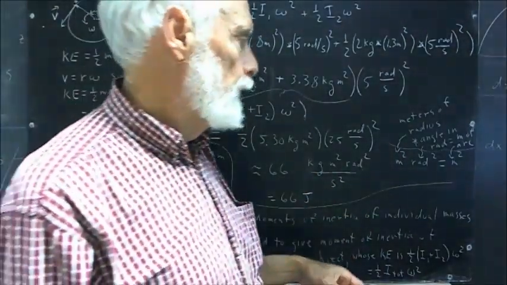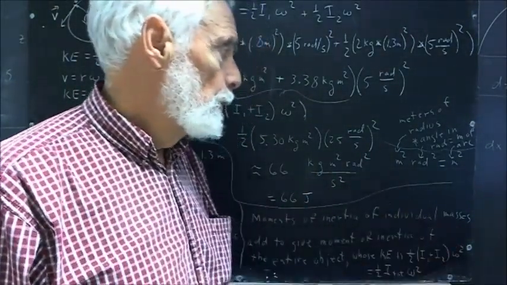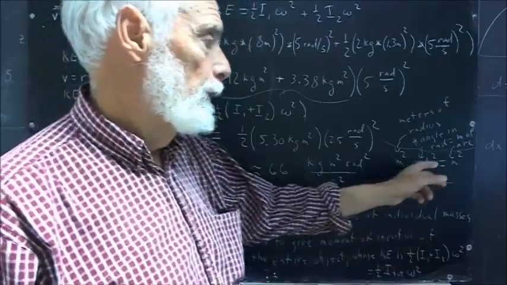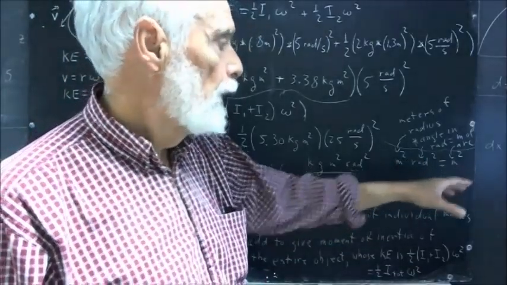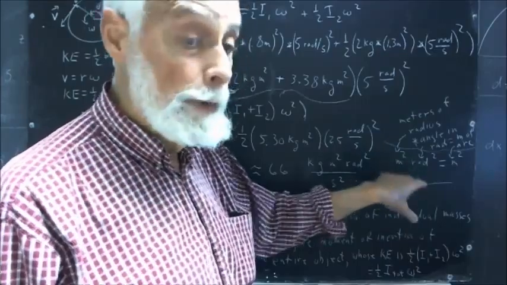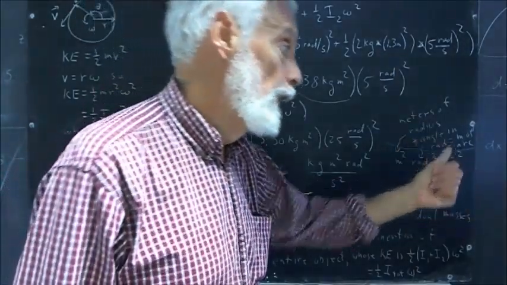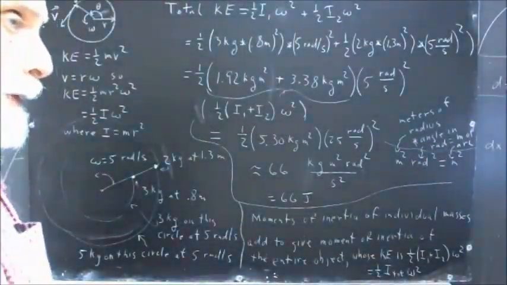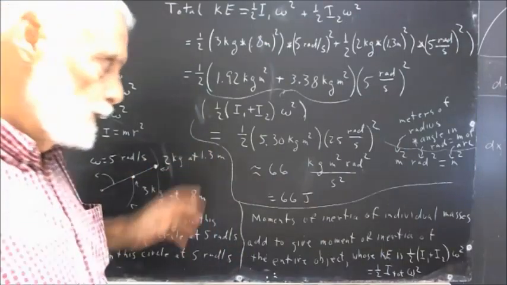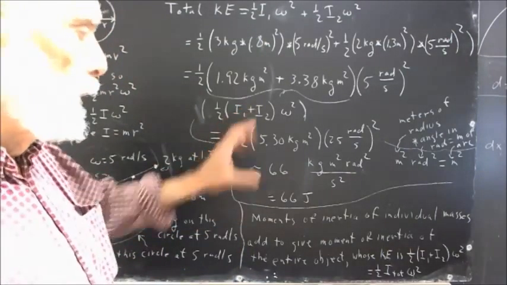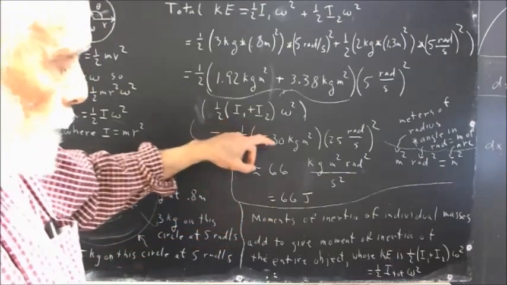Now, you don't have to keep track all the way through a complex problem of whether a meter came from a meter of arc or a meter of radius. You just kind of accept that if you multiply a meter by a radian, you get a meter. If you divide a meter by a radian, you get a meter, and you hope you got it right, and generally you do. If you've done your reasoning correctly, it works out.